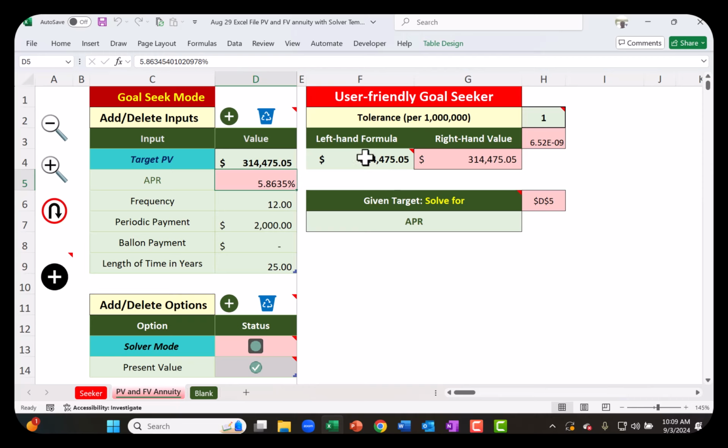Again, anything that has a green background with the numbers, they're kind of your inputs. So the answer was 586.